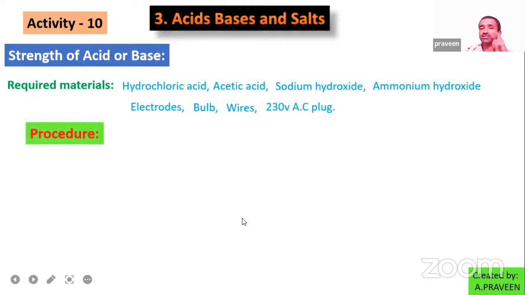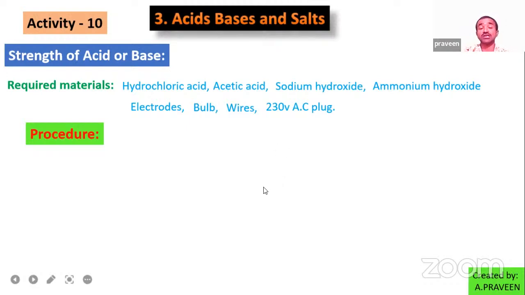Then what is the procedure? Here, acetic acid, hydrochloric acid, sodium hydroxide, ammonium hydroxide, you can collect them with the available strengths directly in the laboratory. We are not diluting them, right? So you collect them from the lab. Then the procedure: how to conduct this process?